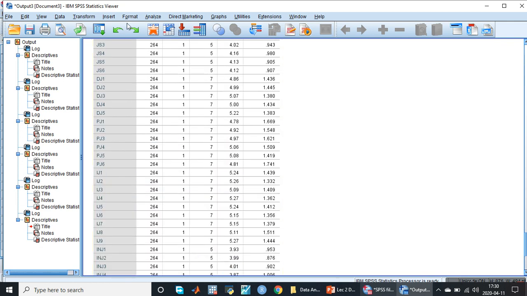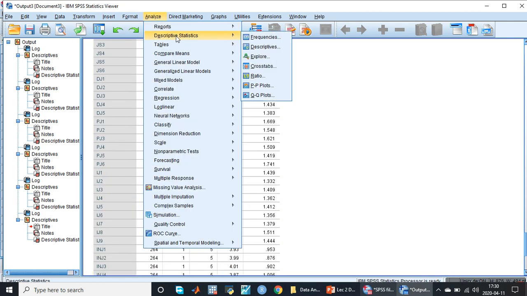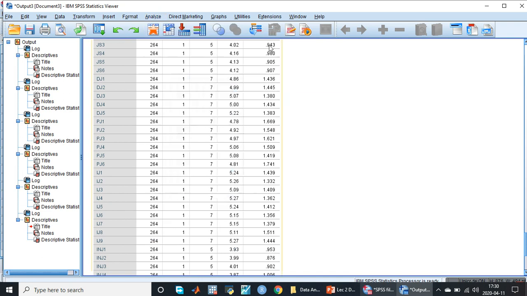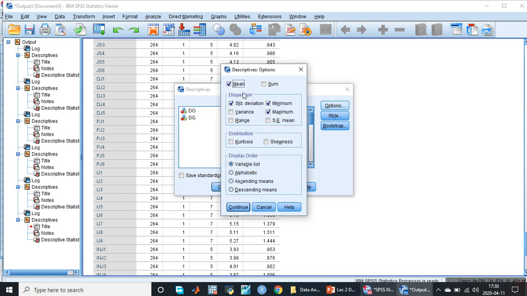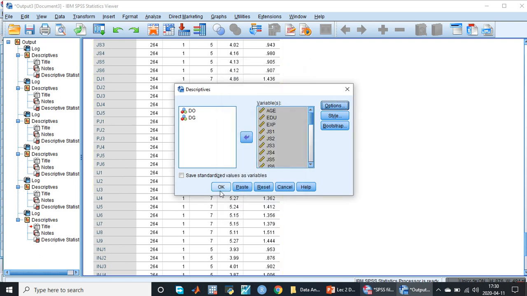While for the rest of the variables which are on the continuous scale, we can do it like this. Select all these variables, bring them into the variable box, and by default mean, standard deviation, minimum and maximum are marked.